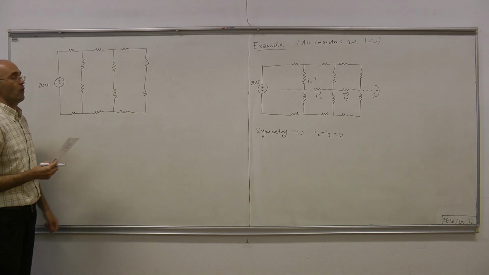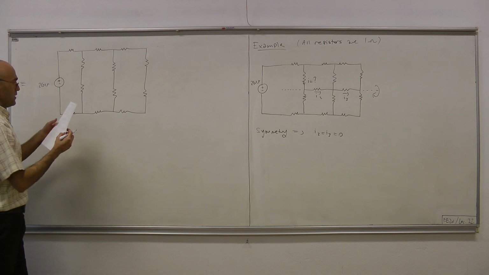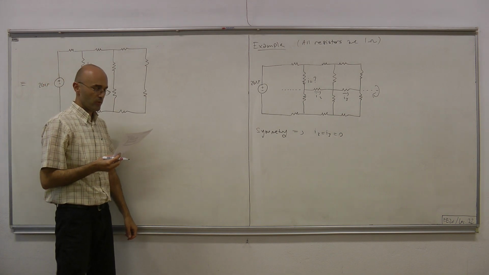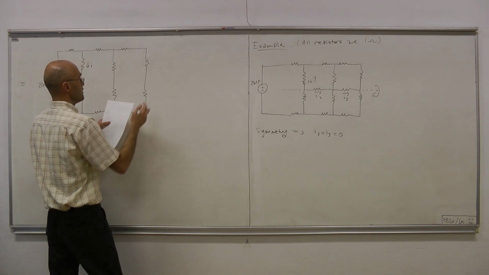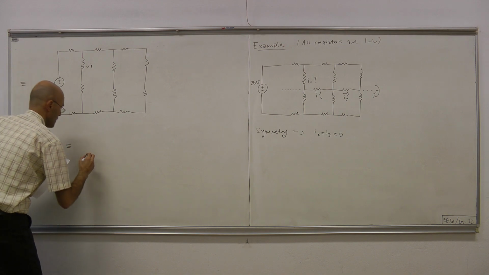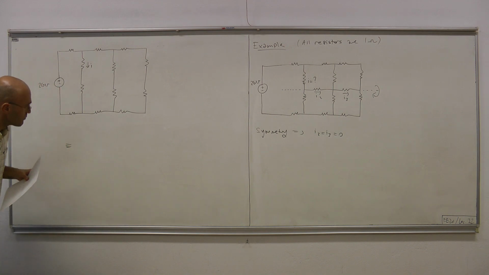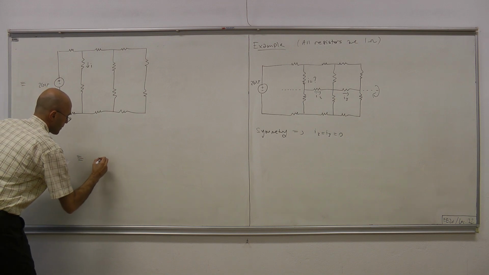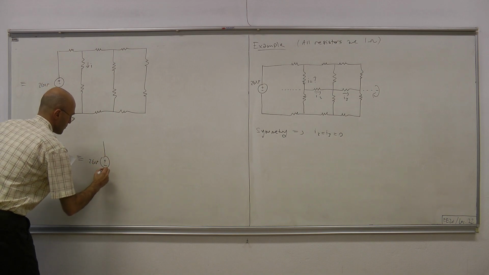Everything is 1. And in this circuit, we're interested in this current I. Now this is equivalent to the following. We have plus minus 26 volts.